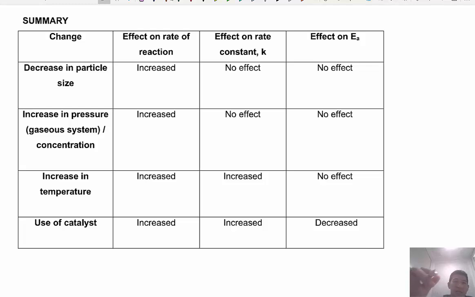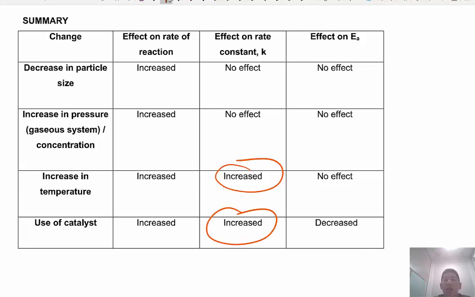Realize that for the rate constant, the only things that can change the rate constant are the increase in temperature and the catalyst. As for activation energy, only a catalyst can lower the activation energy. Note that temperature does not affect activation energy.